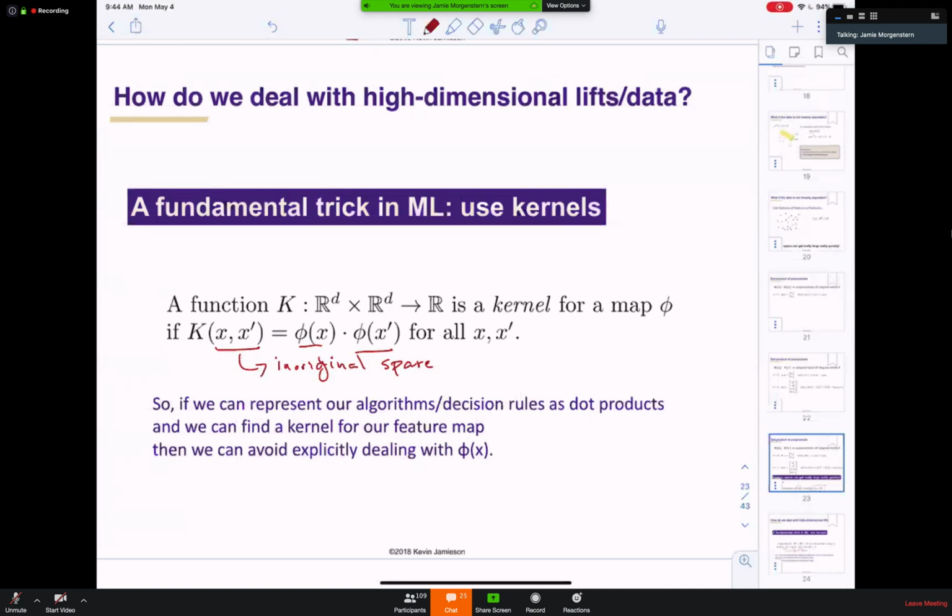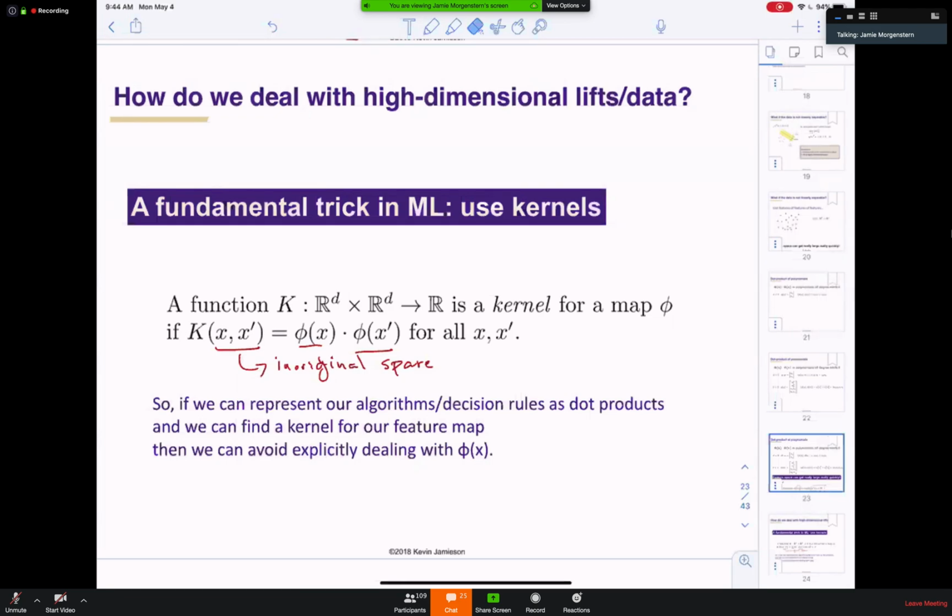Okay, so what is this thing? This function takes two points in our original space, the space before we lifted up our data, so those are low dimensional things, and produces some real number, which is equal to the dot product of these feature vectors projected up into high dimensional space by our map.